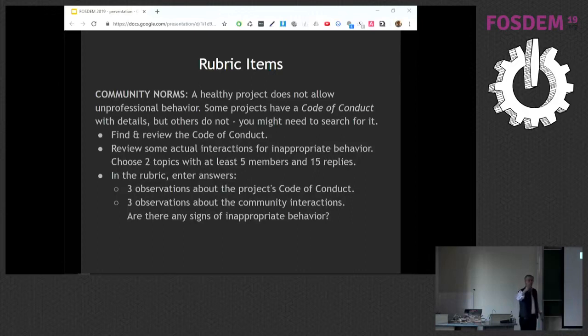Don't just look for a post and a response. Look for something where there was some back and forth, maybe some disagreement. What did you see? Were people being constructive, respectful and supportive, or were there people being arrogant, obnoxious and rude? Look at that. Think of that as one factor to consider.